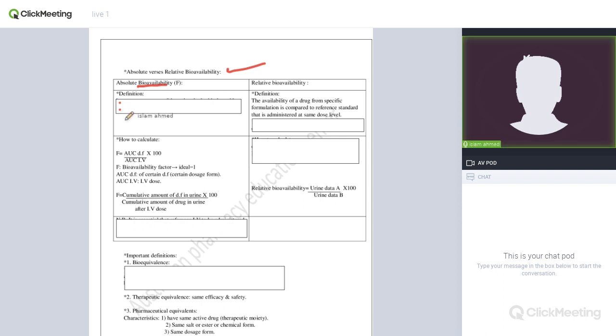Mainly, we compare the area under the curve of the oral or any other type of medication with that of the absolute amount which is given as an IV. This is multiplied by 100, as we can see in that equation. So this is the absolute bioavailability, meaning we measure the oral or sublingual or any form of medication in comparison with the amount of drug administered intravenously.